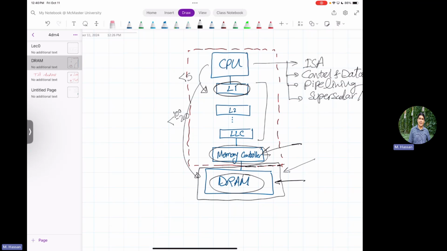Good. But all of this is done not within the DRAM chip itself. It's done on a chip with the CPU in a component we call the memory controller. Good. So if you have, for example, your Intel i7 chip, it will have the memory controller on the chip itself, while the DRAM is outside the chip.